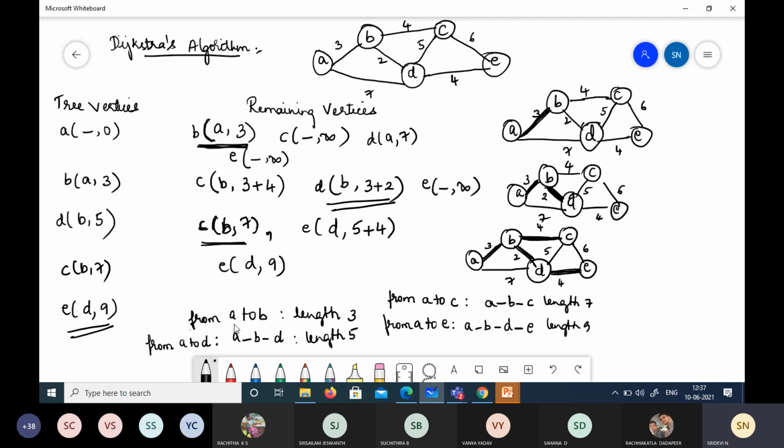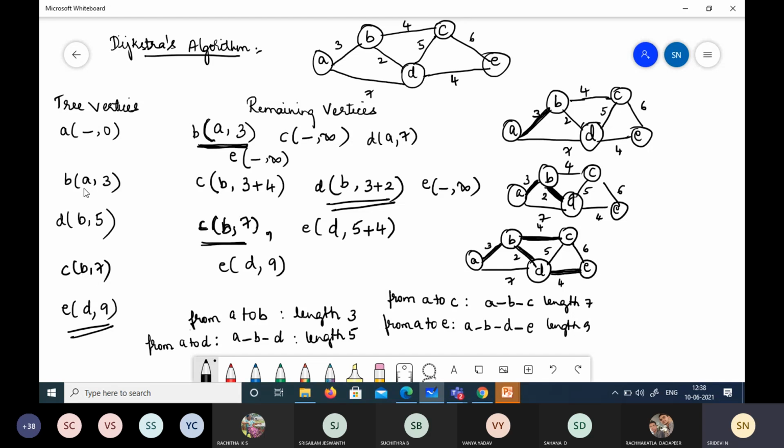This is the path. From A to B, the path is directly A to B and the length is 3. To reach D, we reached D with the help of B, isn't it? Hence we have the ABD path, with the length of 5. Then to reach C, we went through B. Here you'll get which was the source for this.